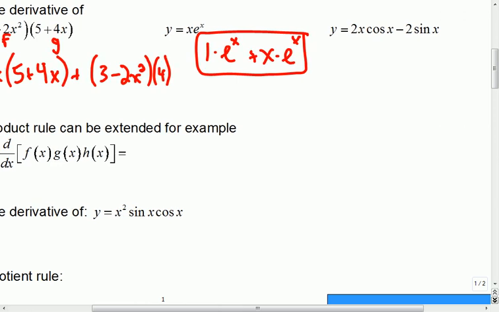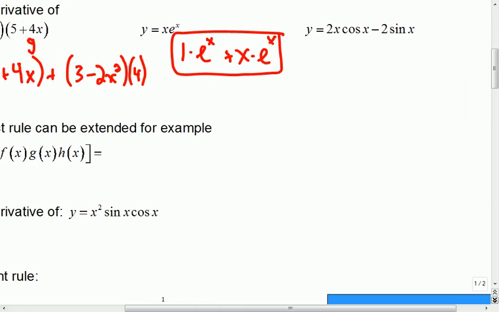And for the last one, there's a product here. And then the other one is something like we talked about last day. So let's see how we do with the trig ones. Take turns as derivatives. This will be 2 times the cosine of x plus 2x times the negative sine of x.